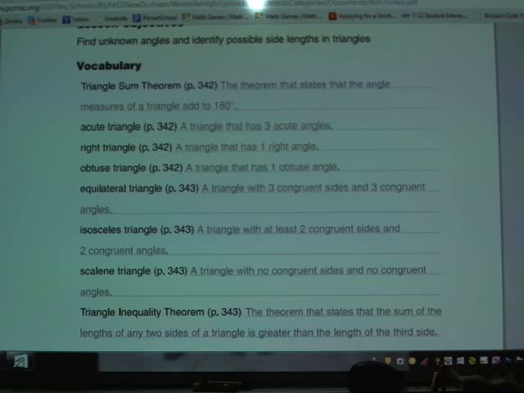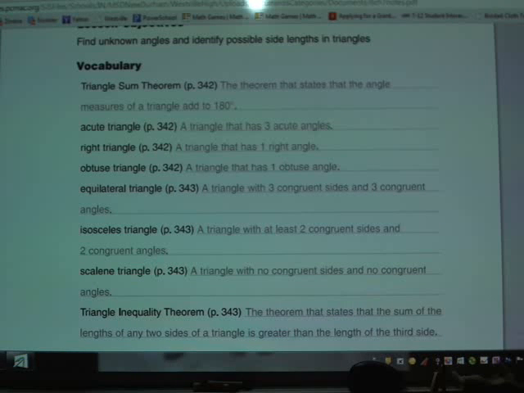So that would mean I have a 90 degree angle plus a 90 degree angle. Well, that would make 180 right there. So I'm already at my limit for the angles, but I still have a whole other angle that has nothing to it. You can't do that. That's why a right triangle only has one right angle, because any more than that, and you're going to be oversized and an angle short.